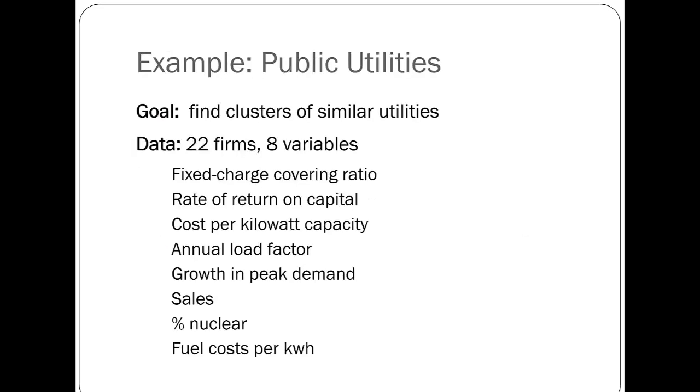Let's look at another example, public utilities. The goal is to find clusters of utilities that are similar to each other, where we have 22 different firms, and the 8 variables that we're interested in are the ones that are listed here. In other words, we want to look at the characteristics of each of the firms based on these 8 different variables and see how they are similar to each other.